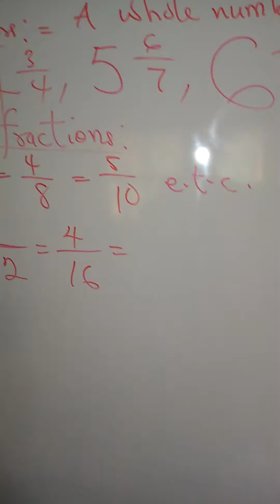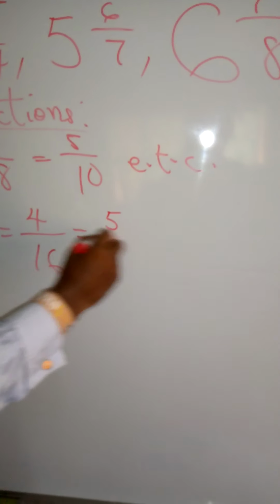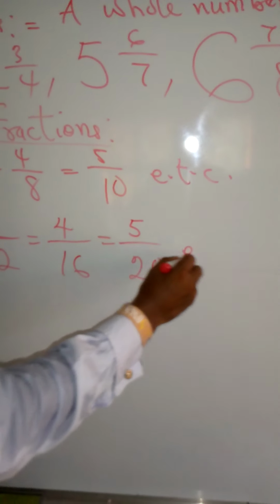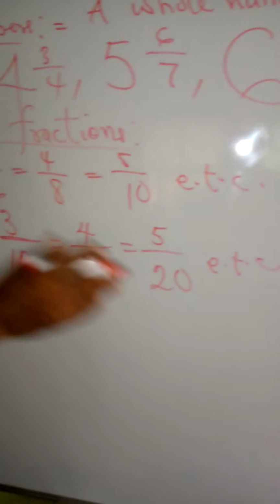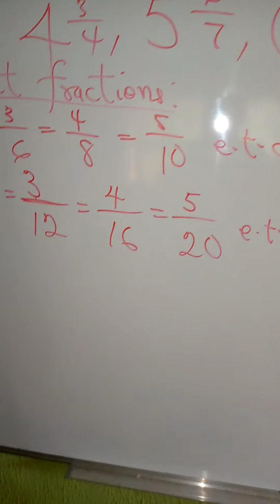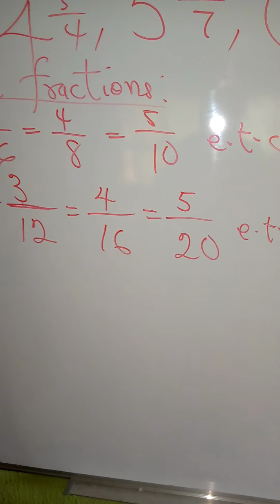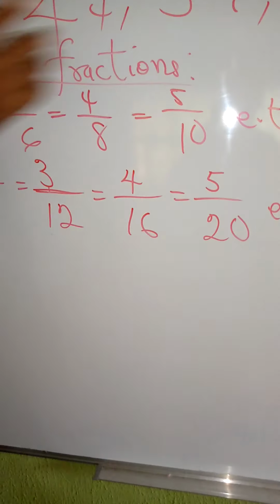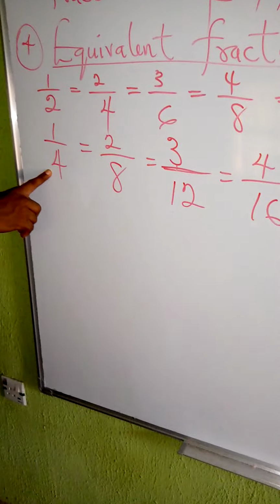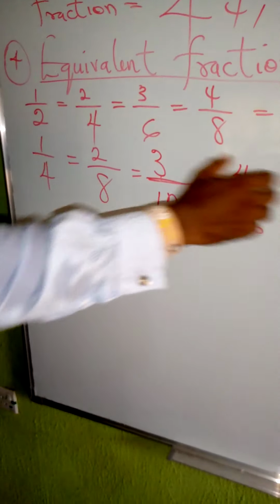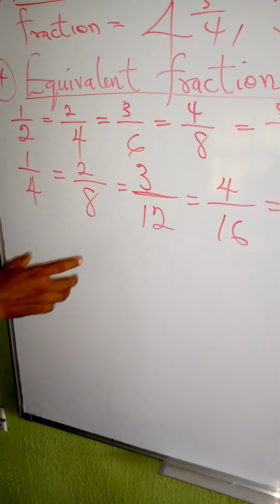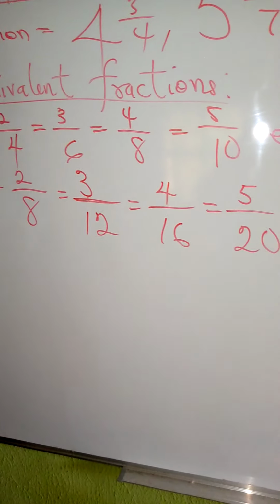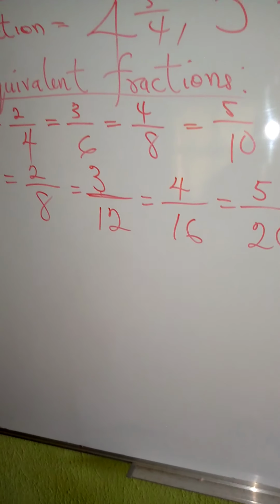And after 4, you have 5 over 20, etc. If you look at all of this, you will discover that when I reduce each of the fractions to lowest terms, they are going to be equal to 1 over 4. So a group of fractions equal to each other is called equivalent fractions.